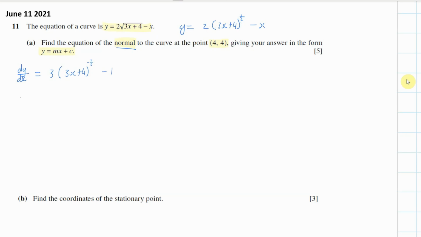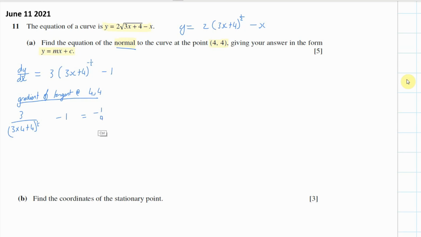Now, the gradient of the tangent at 4, 4, this will give us 3 over 3 times 4 plus 4 to the power of 1/2, minus 1. On the bottom you've got 3 times 4, which is 12, 12 plus 4 is 16, the square root of 16 is 4, so 3/4 take away 1, and so that will be a negative 1/4.